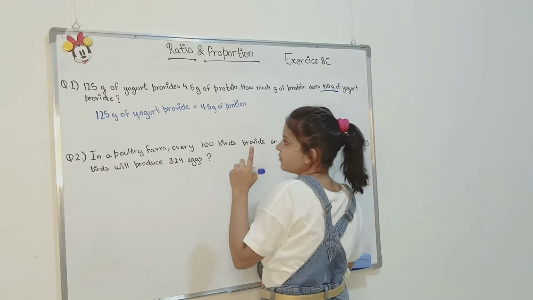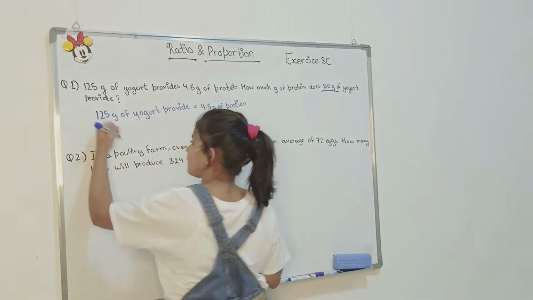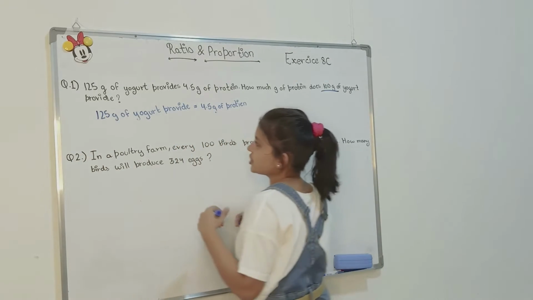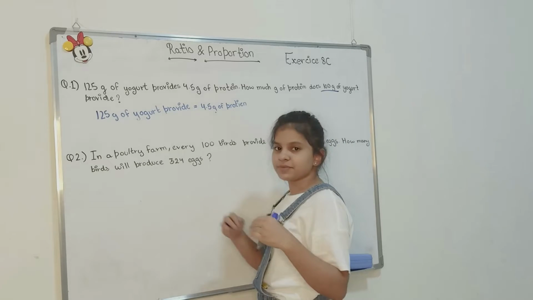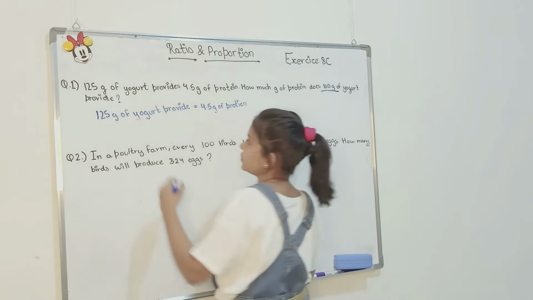Then we will write 1 gram of yogurt. Now we have to find how many grams of protein are provided in 1 gram of yogurt.